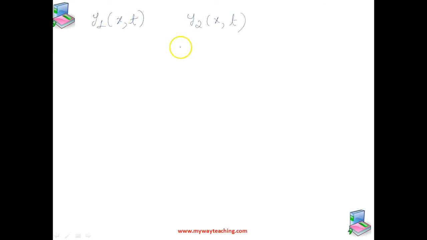If the waves arrive in a region simultaneously and therefore overlap, then the net displacement will be the algebraic sum of these two, isn't it? That's what we studied before. That net displacement will be the algebraic sum of these two waves.